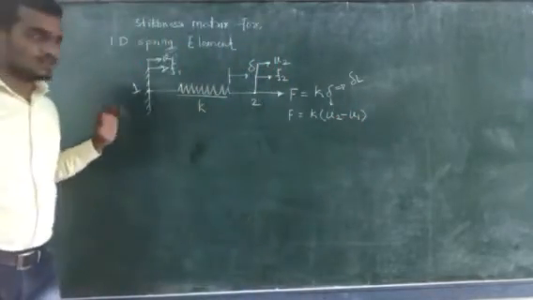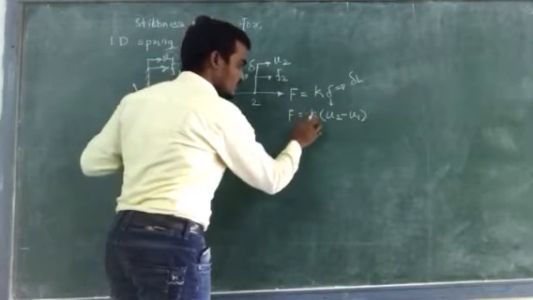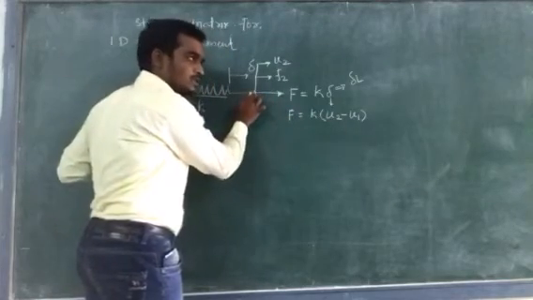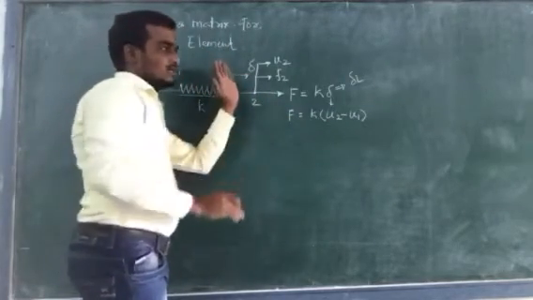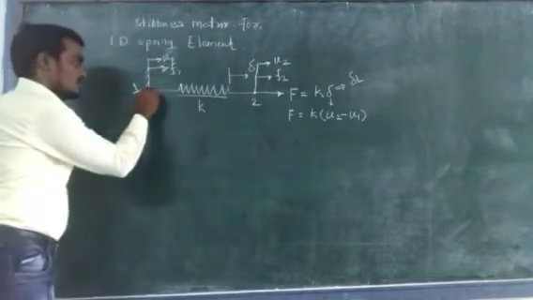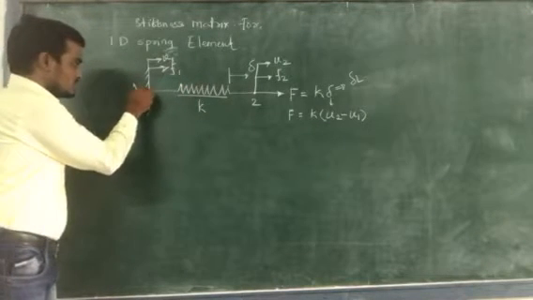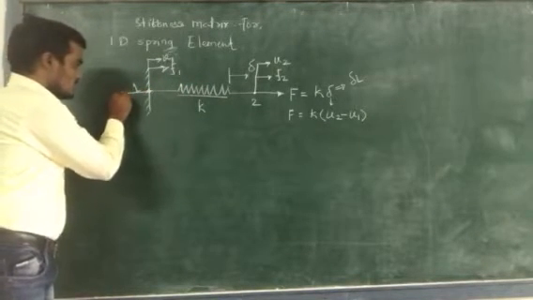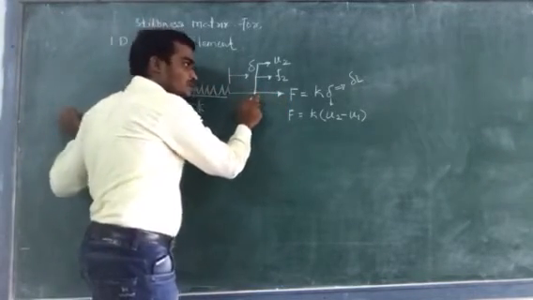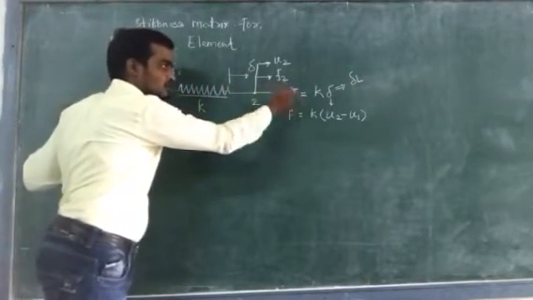If F is equal to K times U2 minus U1 acts at node 2, then there must be the same amount of force acting at node 1 but in the opposite direction. There must be a force equal to the force acting at node 2 and acting opposite to the direction of F2.